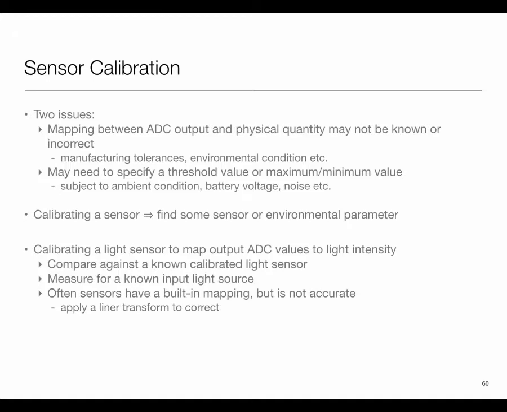So calibration depends in turn on a known input or a known good sensor, and all of this helps you design a more robust system. So we saw that to deal with these issues, you have to calibrate sensors, you have to take care of noise and all.